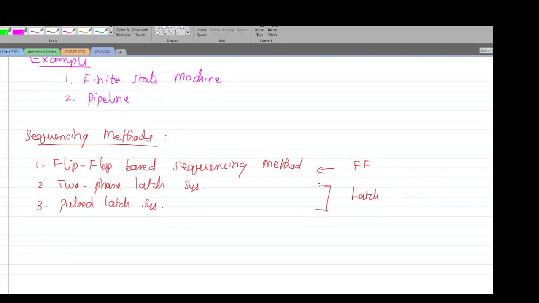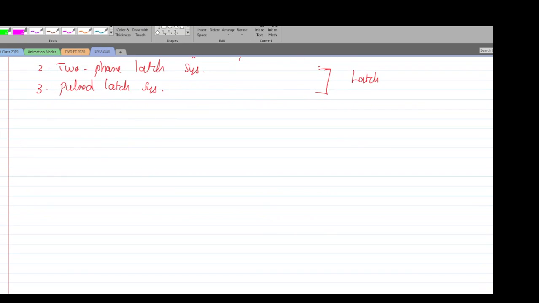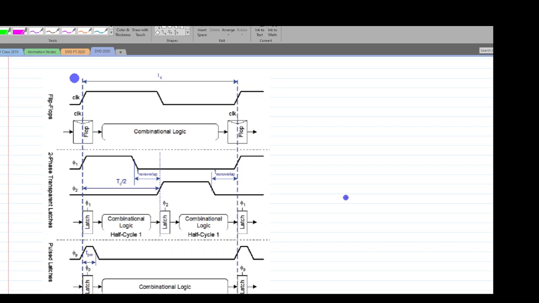Now let me quickly give a glimpse of how we arrange these structures. As shown here, the first block is a flip-flop based system, where you could see that the combo logic is placed between two flop circuits.